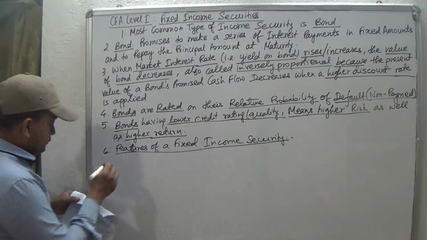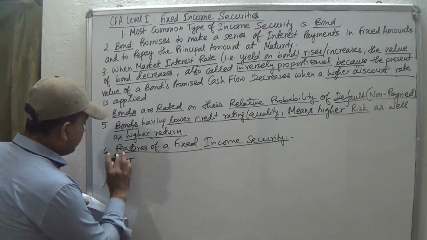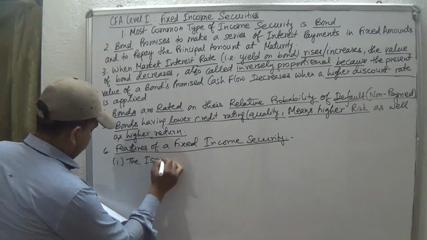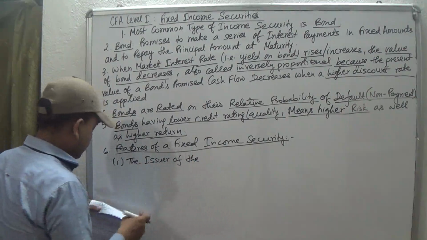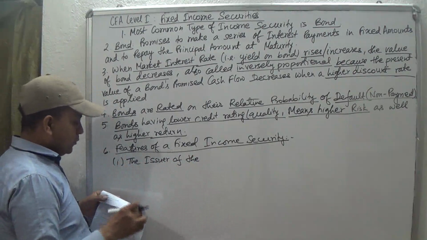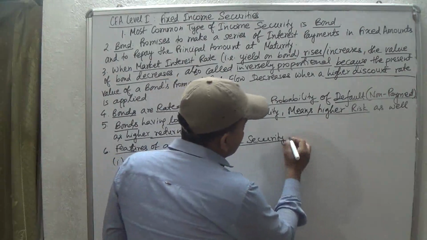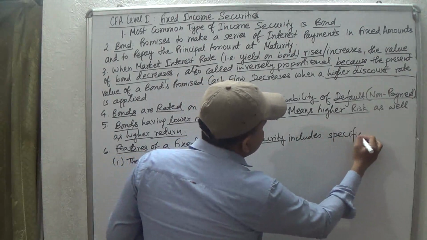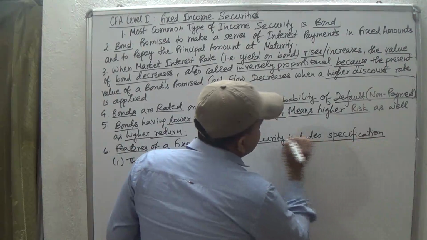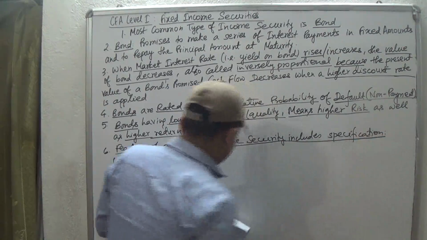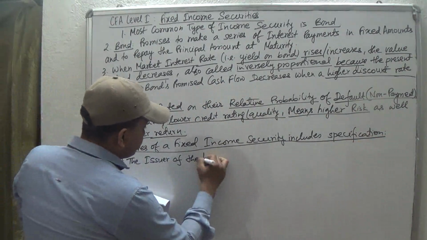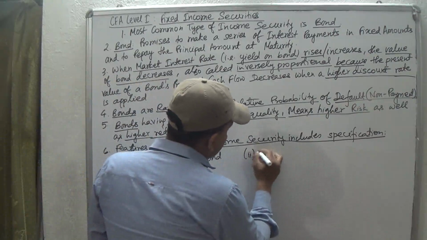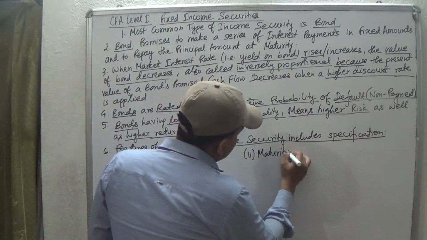The features of a fixed income security include a specification. First is the issuer of the bond. Second is the maturity date of the bond.